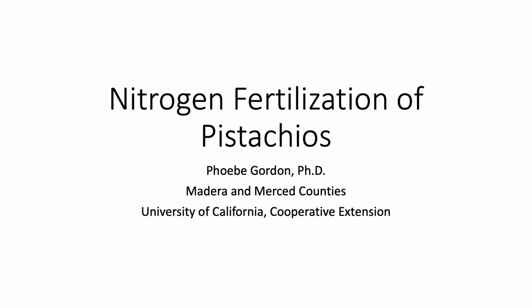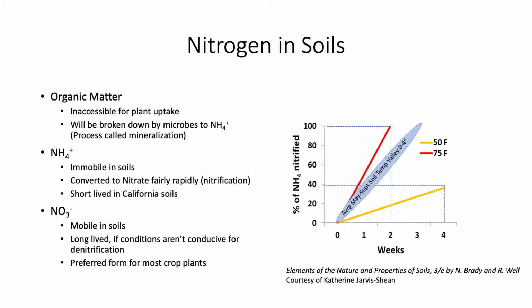Nitrogen is a difficult nutrient to manage because it can be found in many different forms in soils. Much of nitrogen starts out as organic matter, which is broken down in a process called mineralization into ammonium. And that is converted through soil microbes into nitrate via a process called nitrification. These processes will depend on soil temperatures and how much water is present.